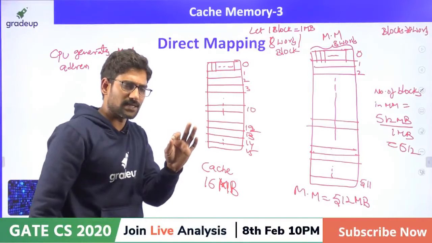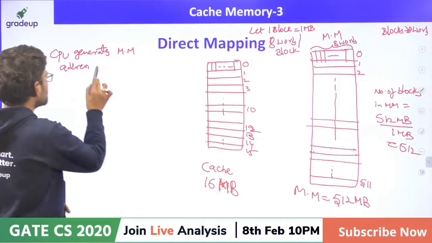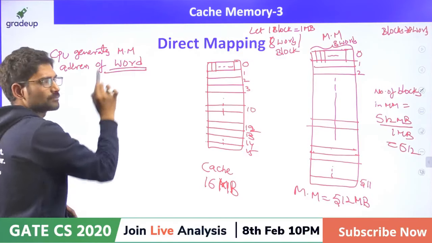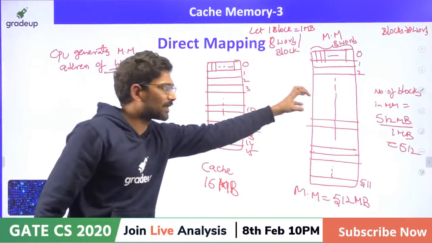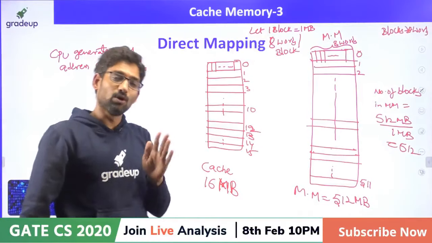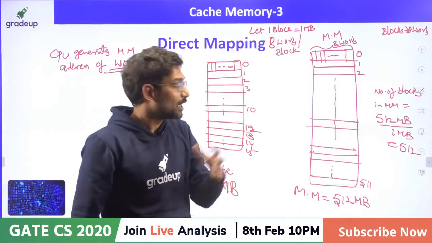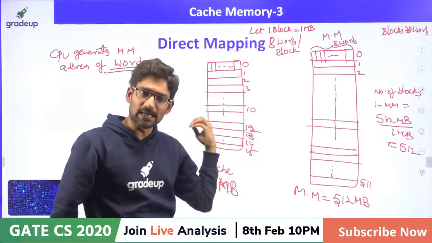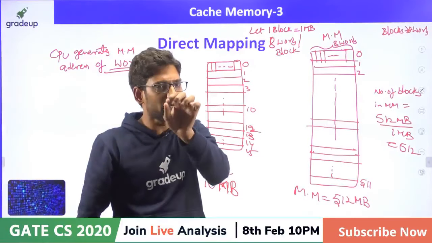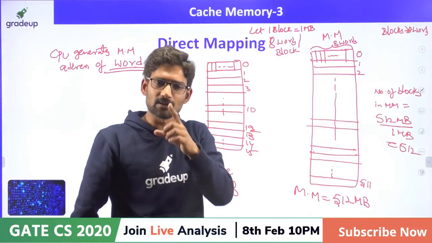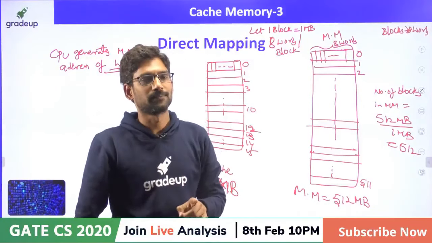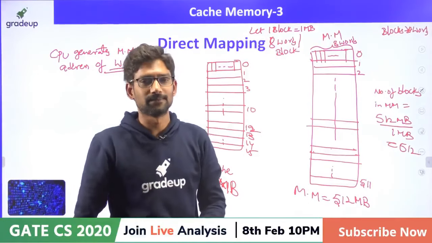CPU always generates main memory address of a word, because CPU can request how much at a time? One word only. Though CPU requests one word, how much does cache copy at a time? One block. This is the twisting point you should understand. I will ask only one word, but how much will you get? One block. This is called prefetching.